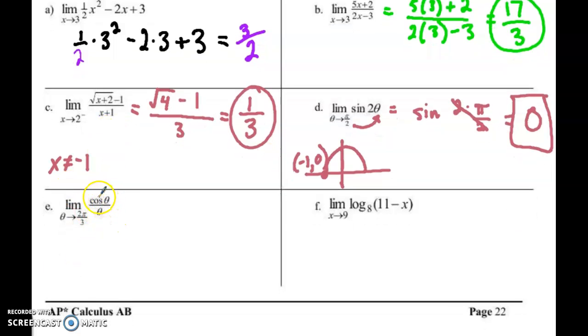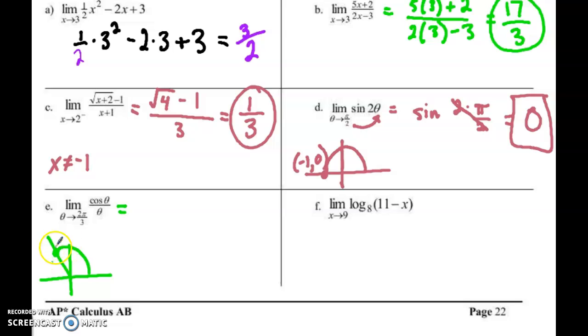Same thing in the next one. Cosine is continuous everywhere. We're dividing by 2 pi over 3, so that's not an issue. Just change colors again. So think about where 2 pi over 3 is. And it is up here.